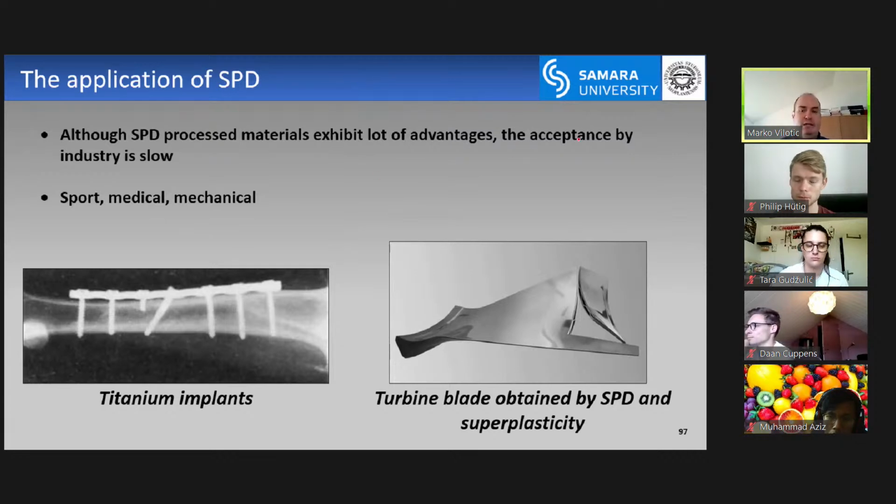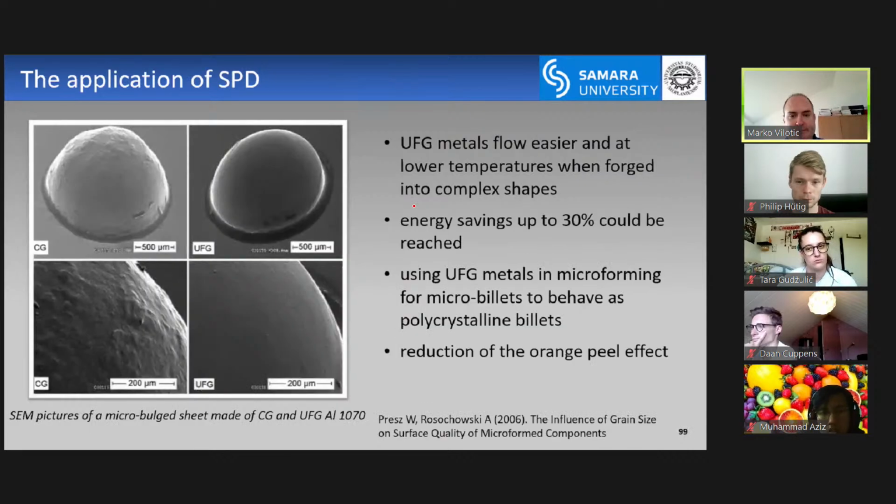So it says here the acceptance by industry is slow. So sport, medical, mechanical, aviation, and other industries, titanium implants. This is a turbine blade. Of course, you don't have to use just severe plastic deformation alone. You can combine SPD and conventional, or SPD with machining and other processing technologies.